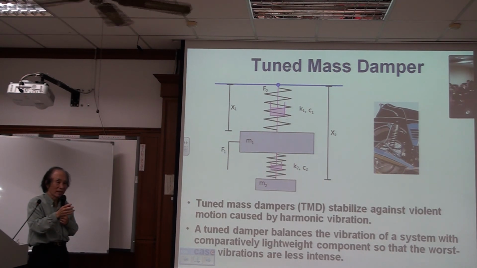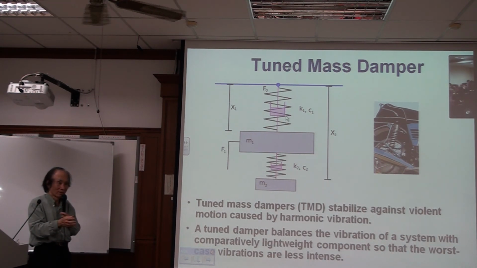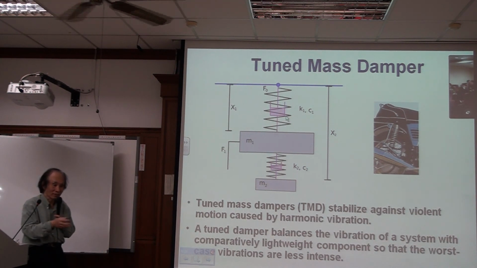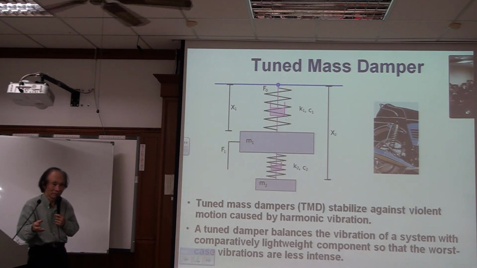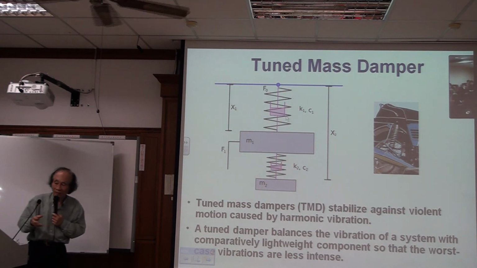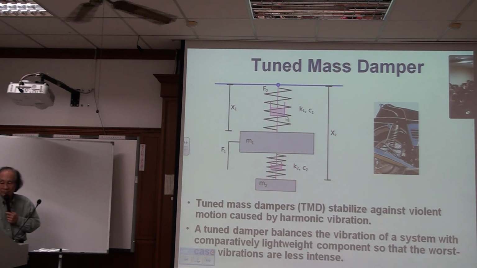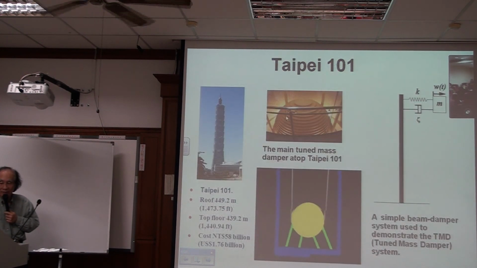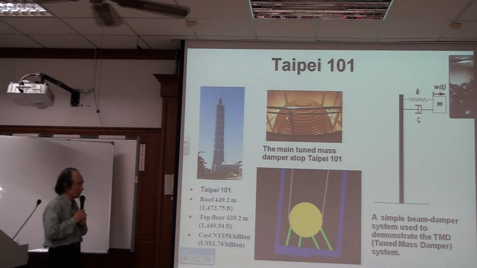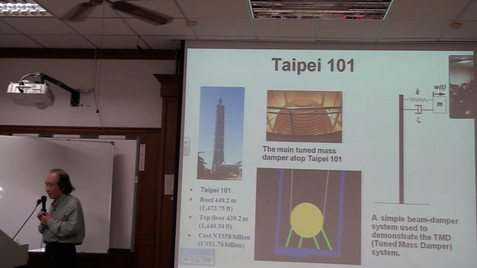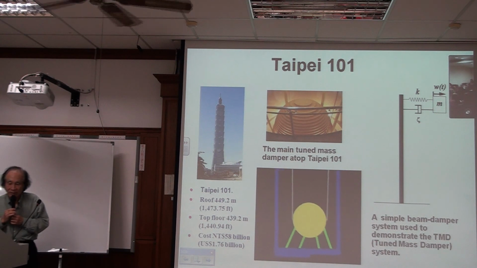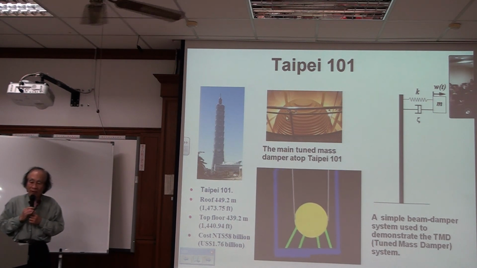I say unnecessary energy. There's some energy which is necessary, some energy which you don't need. All right, that's the damper. All right, this is a very interesting design in Taipei 101.